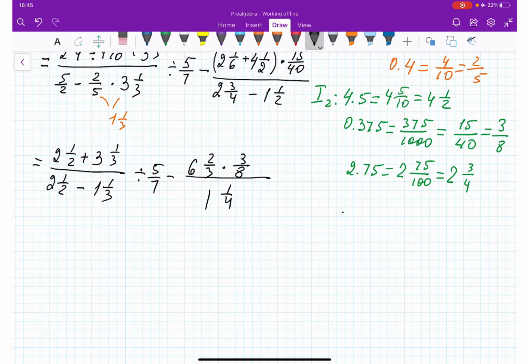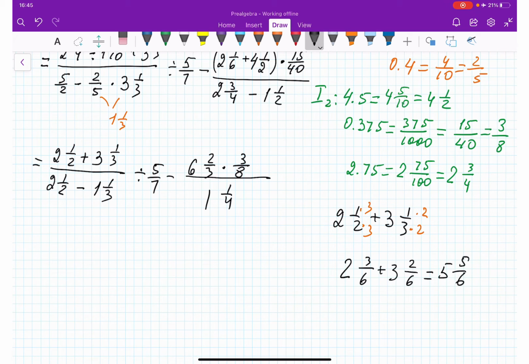Okay. Next simplification, I'm going to add 2 and 1/2 plus 3 and 1/3, right? So common denominator is 6, which means 2 multiplied by 3, 3 multiplied by 2. And we are getting 2 and 3/6 plus 3 and 2/6. As a result, we get 5 and 5/6. Same thing.